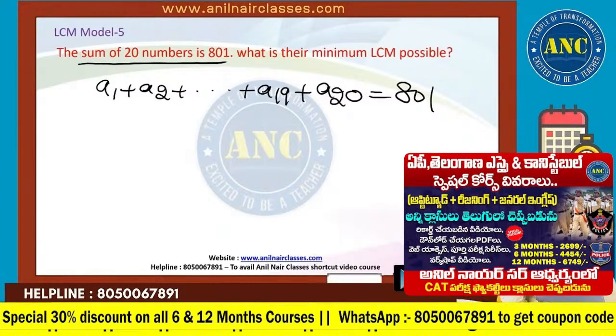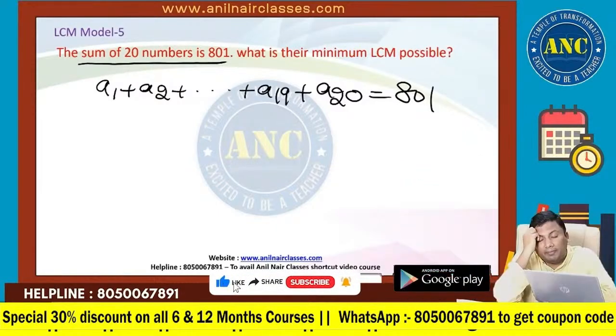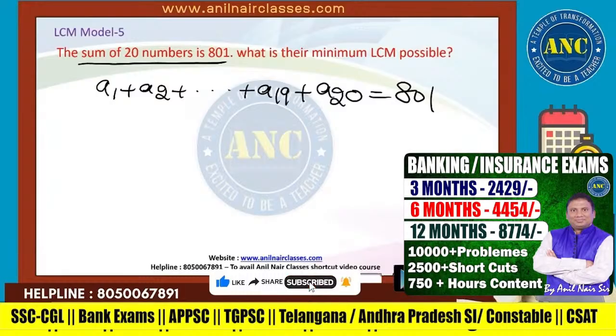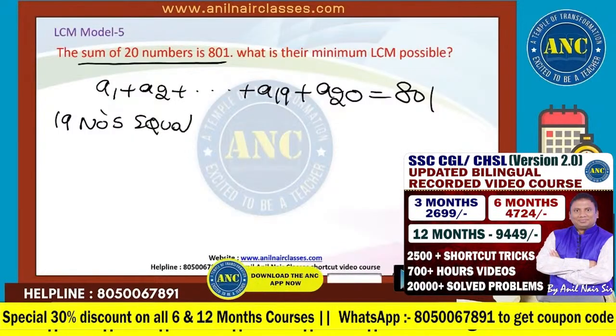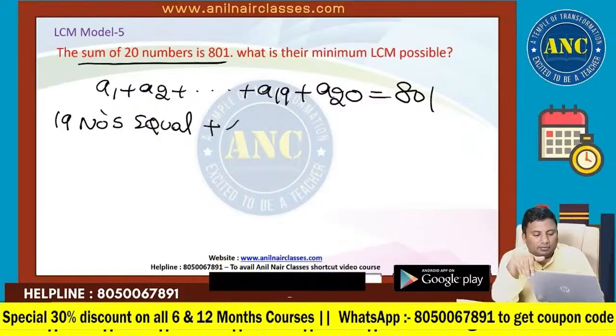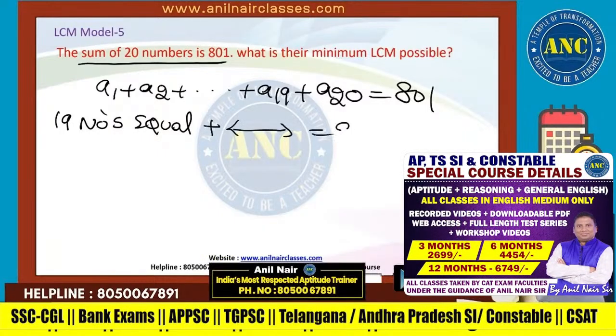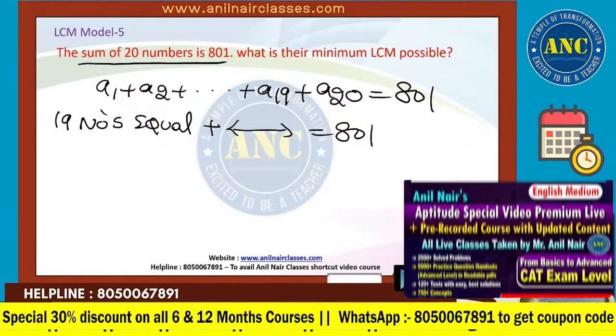If all the 20 numbers are equal, 801 cannot be divided by 20. So 19 numbers are equal, plus the other number to give you 801.